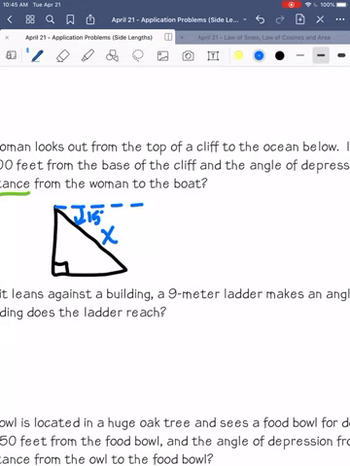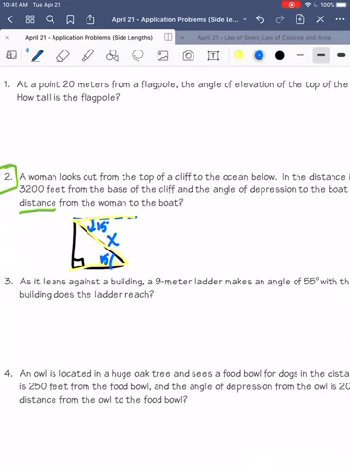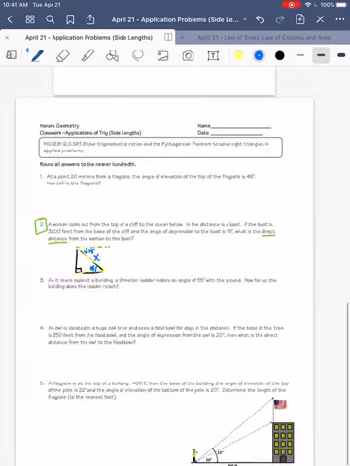We want it to be inside of the triangle. By alternate interior angles, we know that this angle is also 15 degrees because those two angles are congruent. So I'm going to draw my depression outside of the triangle to begin with, but then move it to the inside to help me with the problem.